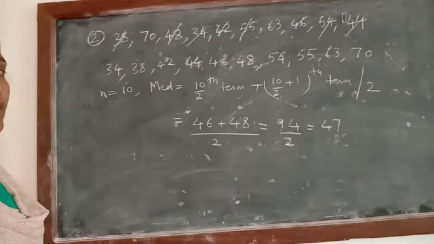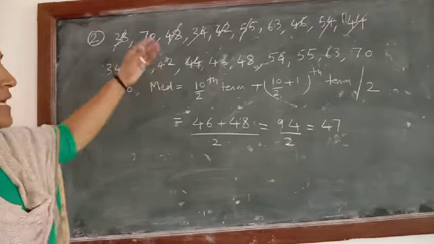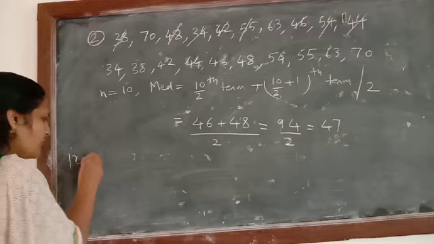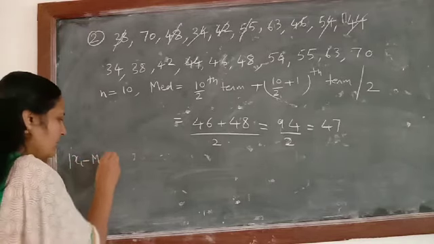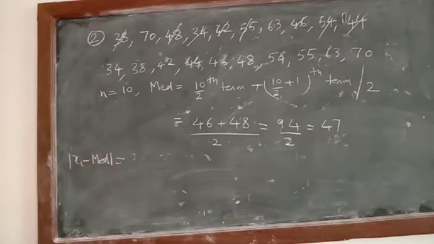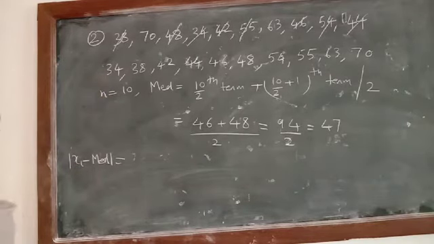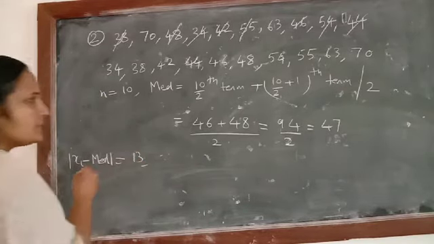Now what do we want? Yes, the deviation about median. So just write down modulus of xi minus median is equal to. Now we have to do the subtraction there. 47 minus 34, that will be equal to 13.